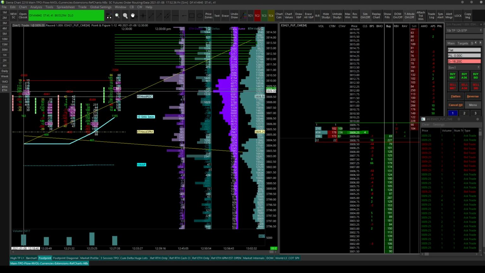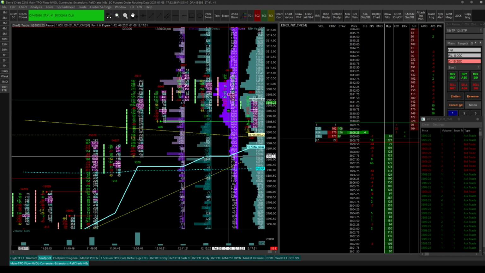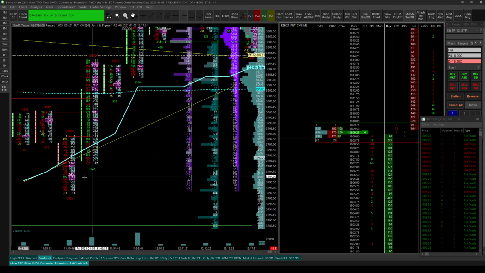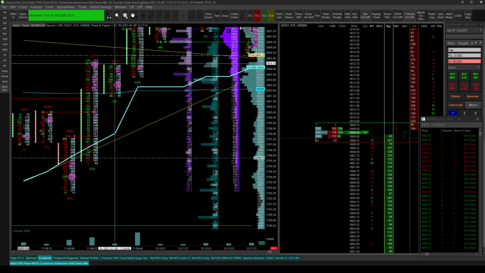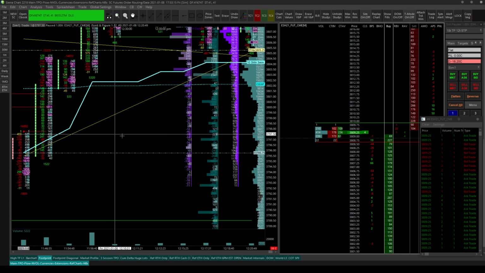So it just helps me to know that folks are willing to cover shorts or buy very close to where volume already transacted, between like 7 or 8 ticks away, which can show consolidation, because sometimes you have this big volume node, and then whoop, less volume, and we're talking about 4 or 5 points, 6 points before there's heavier volume again, and then it looks like profit taking or shorting going on, right?